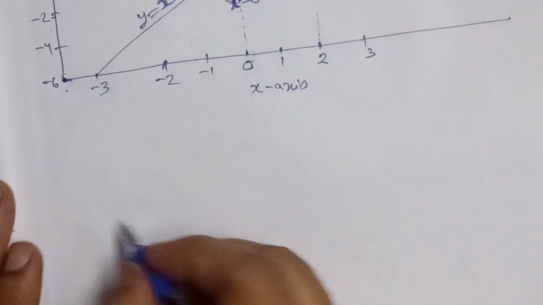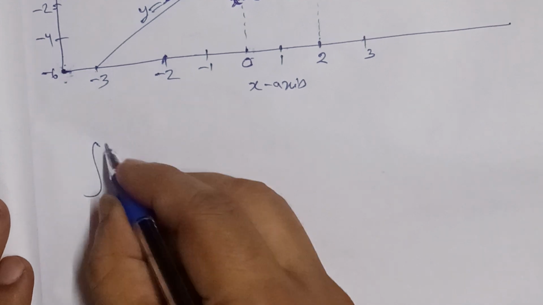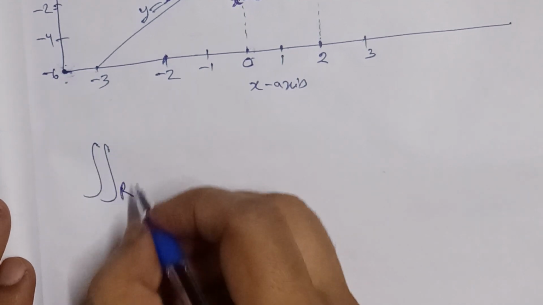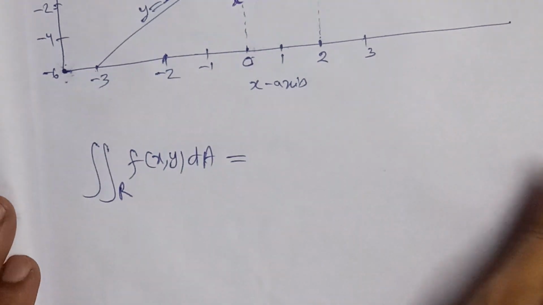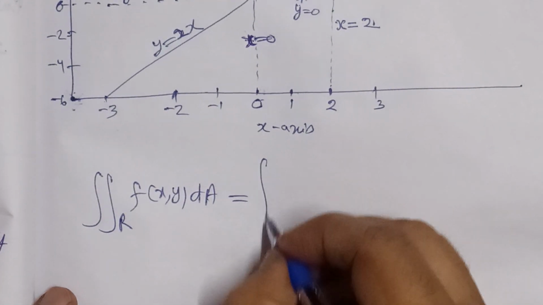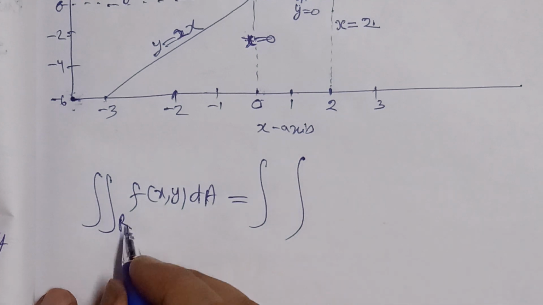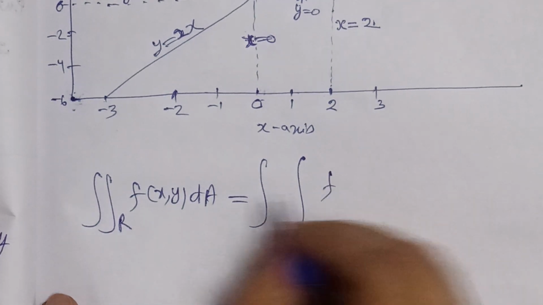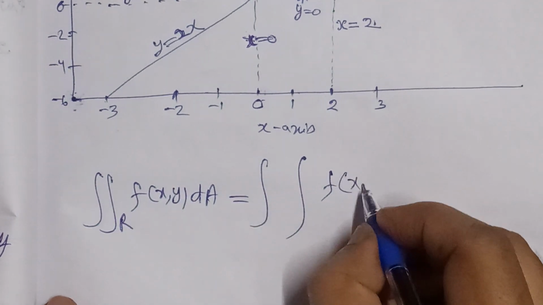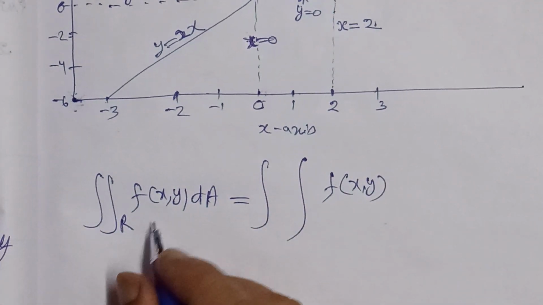We are given the double integration over R of f(x, y) dA. We have to find only the limits, and we do not write R, and there is no change in the function, because we do not have to find its value.